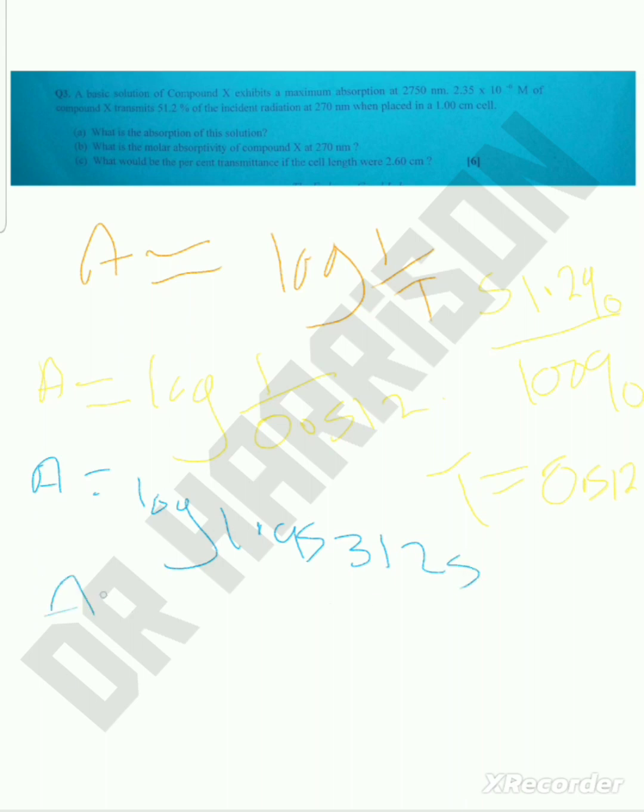When we punch the log of this answer, we get 0.290730039. So that's what we get.